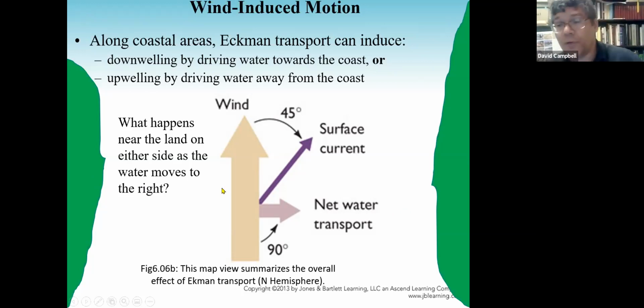But if you've ever tried, it is not easy to dig a hole in water. Water is going to slosh around, try to fill things in. So if we are moving water away from the land here, that's going to tend to promote water from deeper down rising up. So we'll tend to see upwelling along our coast here.